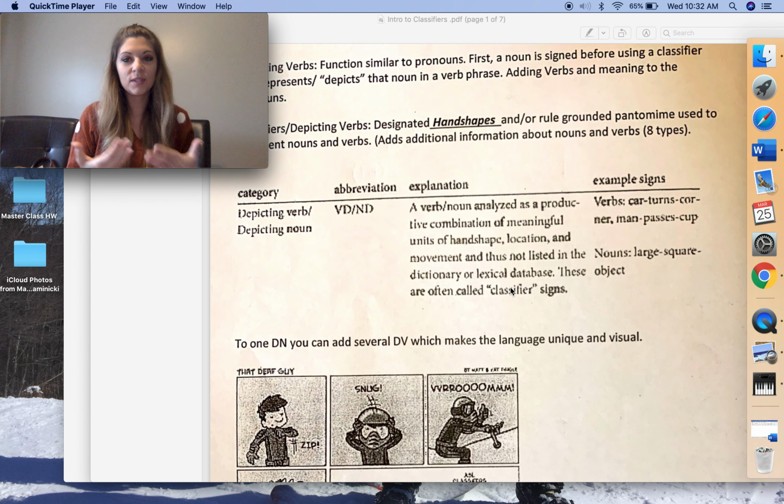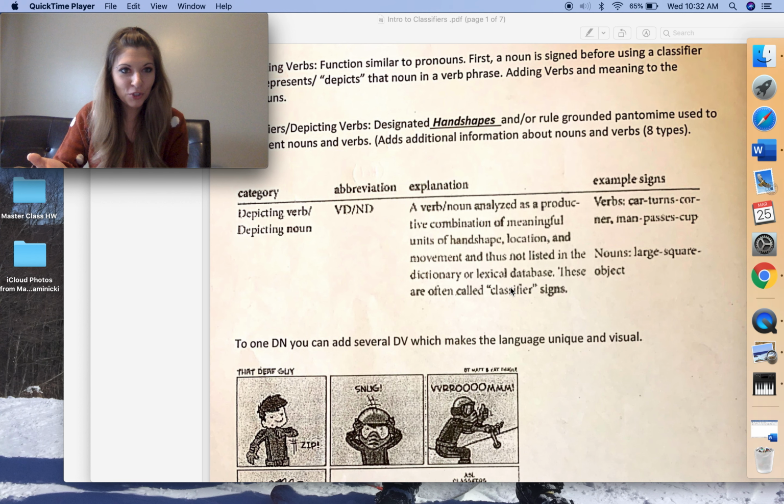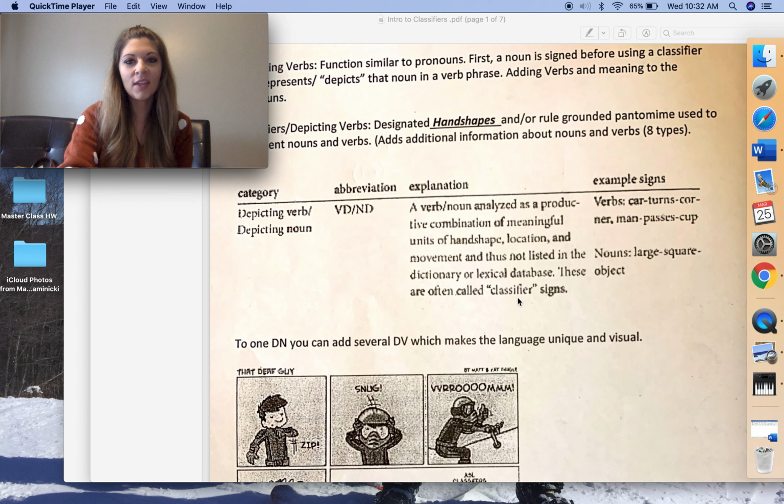So how you use these units is your choice, and you can be creative and actually create your own as long as they still follow some of the rules, which is very fascinating. So they can't be documented into our lexical database because they're constantly changing. And then these are often called the classifier signs.